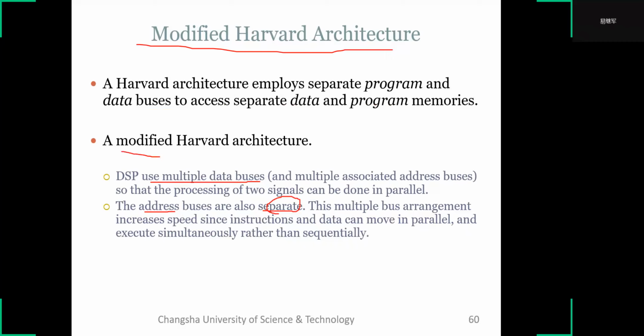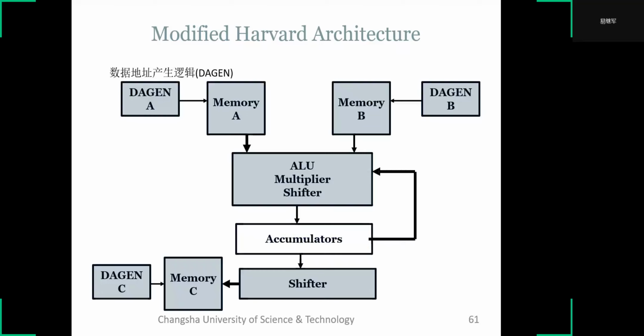The modified hardware architecture. This is a diagram for the modified hardware architecture. Memory A for A address, memory B for B address.